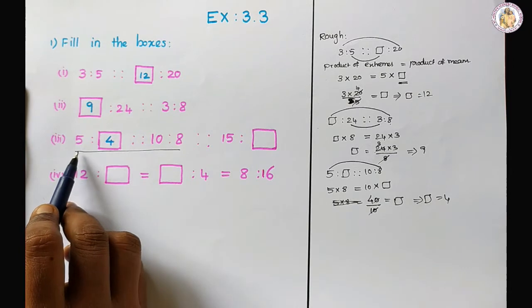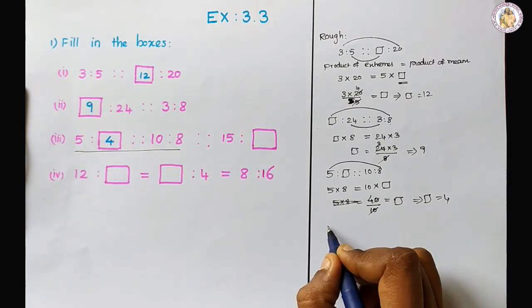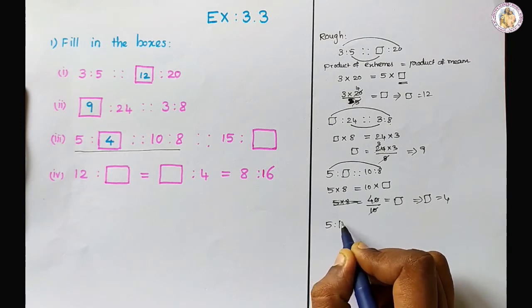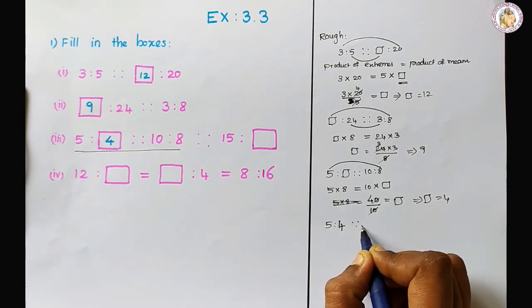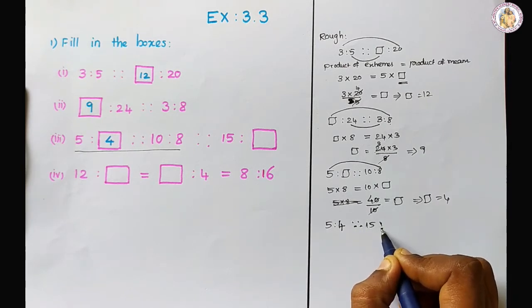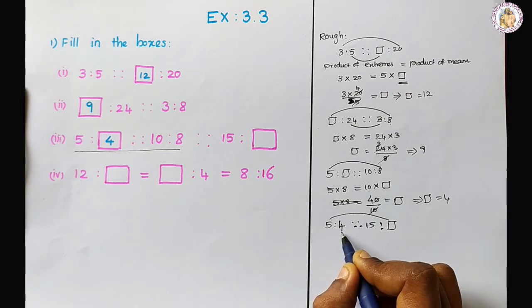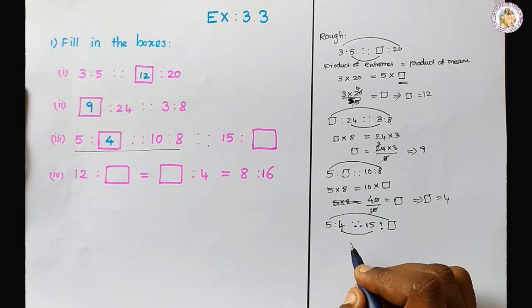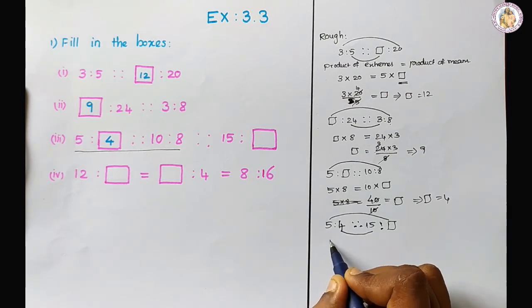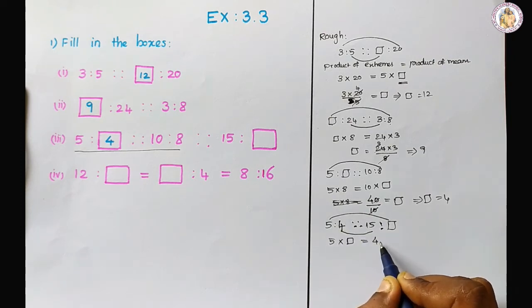Now take 5 is to 4 as 15 is to that box. Now product of extremes equals product of means. 5 into box equals 4 into 15.